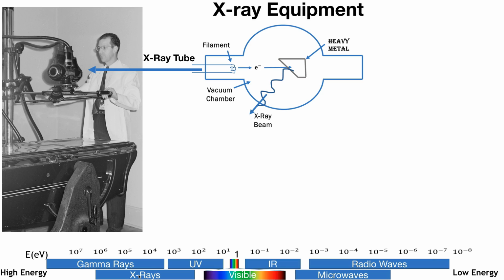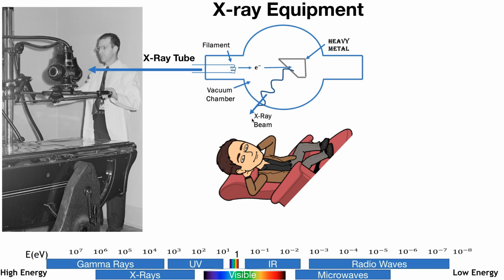Again, those x-rays are coming out of the x-ray tube and are then going to pass through the patient. Imagine this is our patient here. How do we determine anything about what's going on inside the patient?